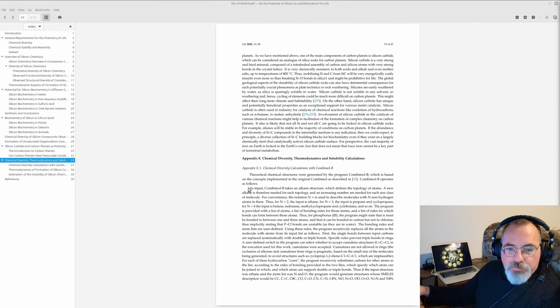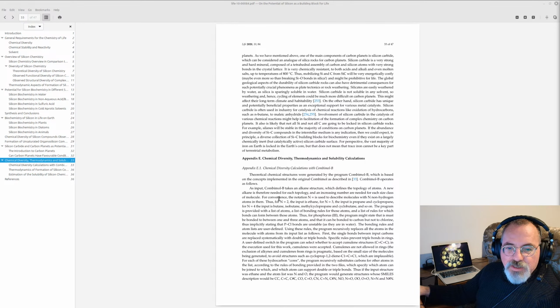As input, Combimol B, I don't suppose you can find that on Steam, can you? Combimol B takes an alkane structure which defines the topology of atoms. A new alkane is therefore needed for each topology, and an increasing number are needed for each size class of molecule.